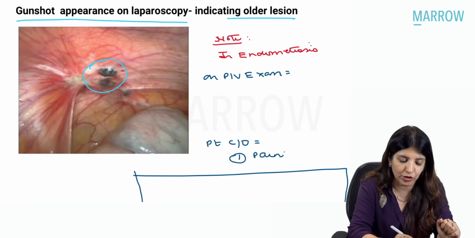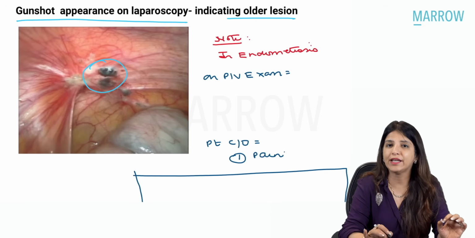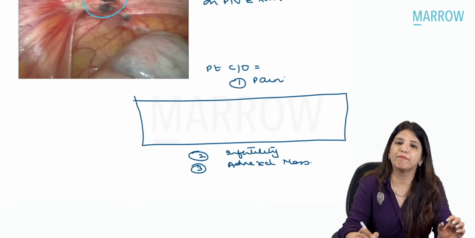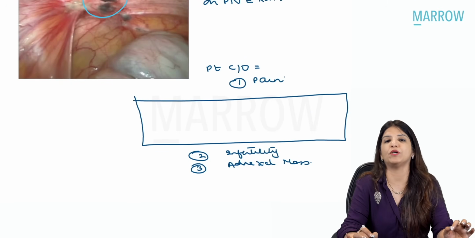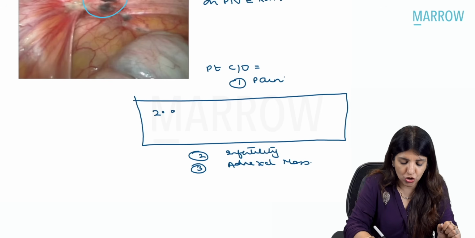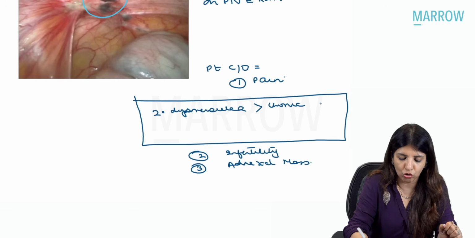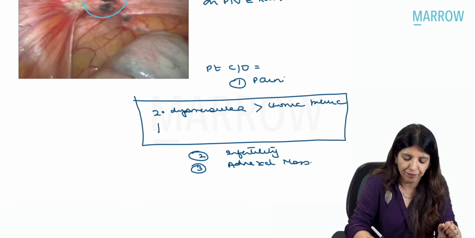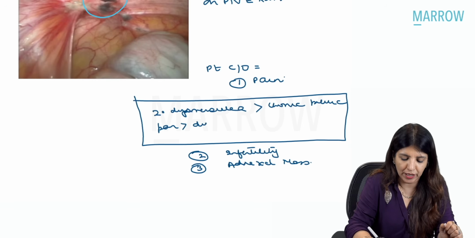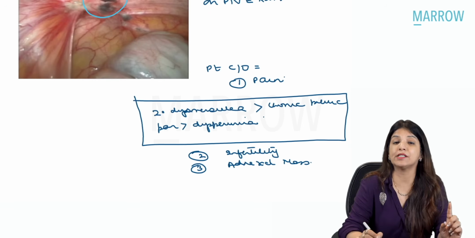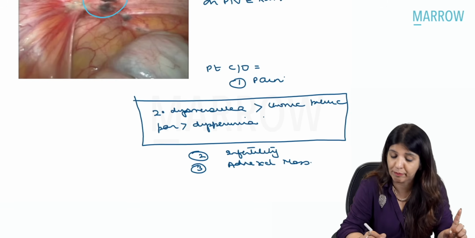A very, very important thing which I want all of you to know: in case of endometriosis, a patient's main complaint is pain, and the pain with which she comes most commonly is secondary dysmenorrhea, followed by chronic pelvic pain and dyspareunia. This is a thumb rule which I want all of you to remember.